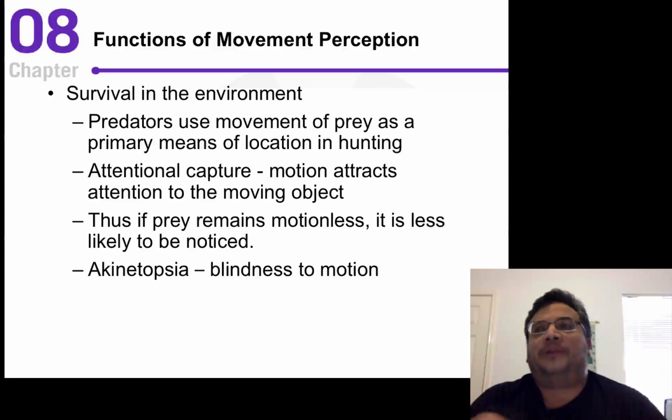So predators like, for example, a cat or a fox will listen very closely or watch very closely for stimuli that are telling them that there's some piece of meat, a prey object moving that they can get to, right? So they use the motion of prey to locate their prey.